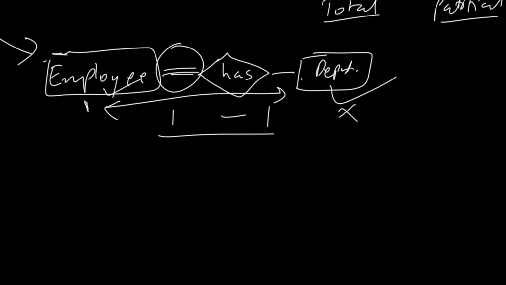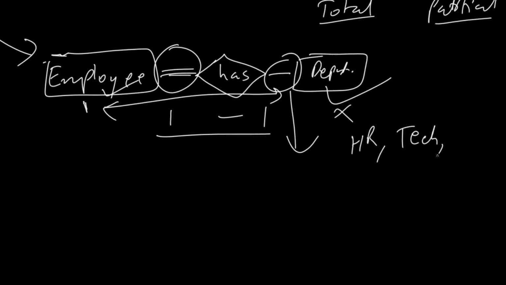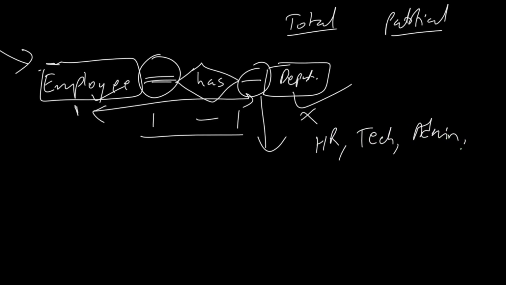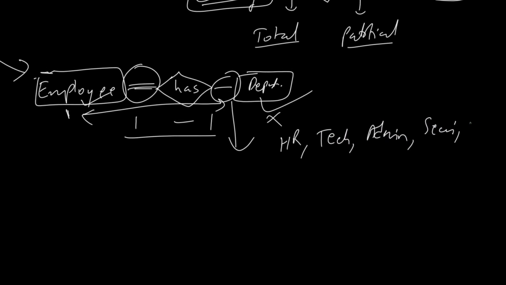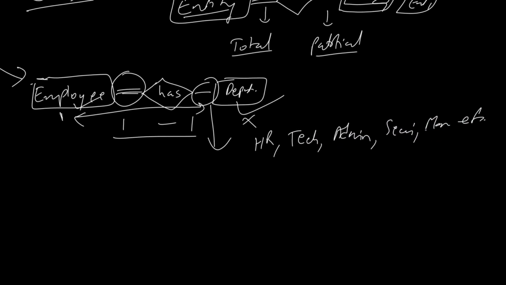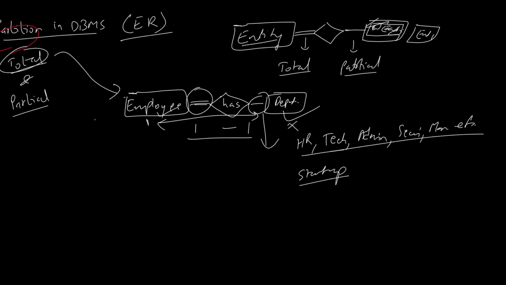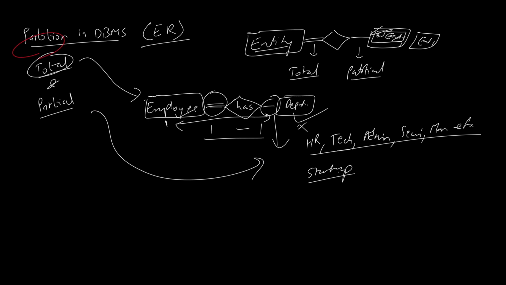Now if you flip it around and focus on this part, there could be multiple departments in the company: HR, tech, admin, security, management, etc. Any department can exist without employees. Let's say we are just starting a company, because it's a startup. Now we are talking about partial participation.